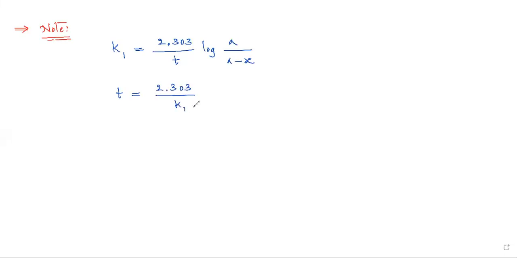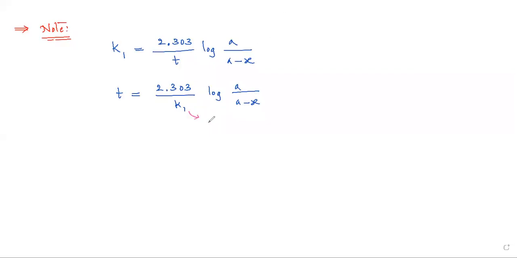Now let us derive two very important relations. Taking the expression for first order rate constant, K1 = 2.303 by t into log a by a minus x. Now, let me write this expression in some other way.